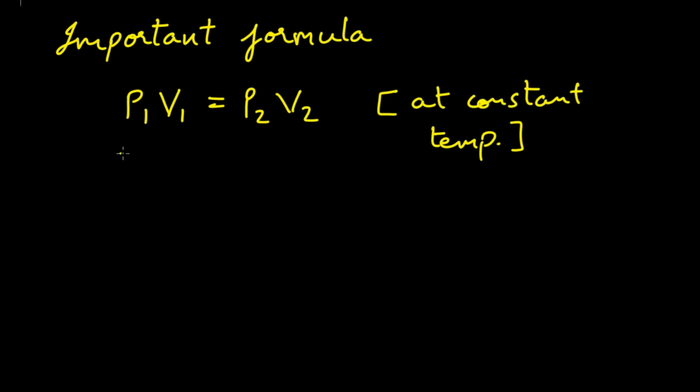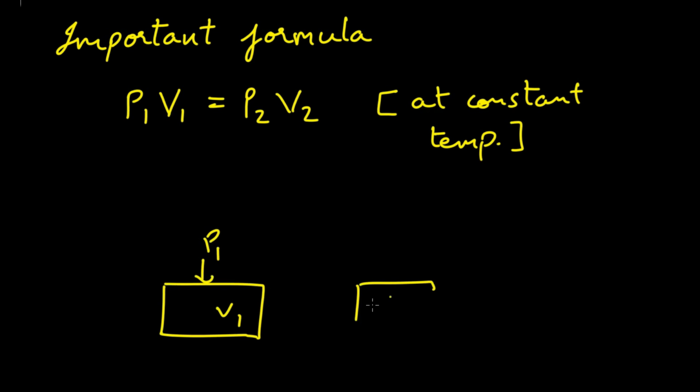What are P1 and V1? P1 and V1 are the pressure and volume. For example, this is a box. Pressure is P1 and volume is V1. And the second condition is, this box is smaller, pressure is P2, volume is V2.